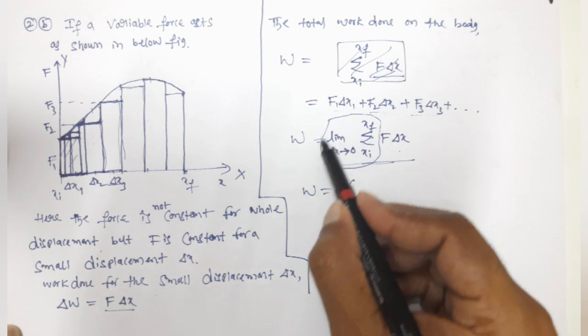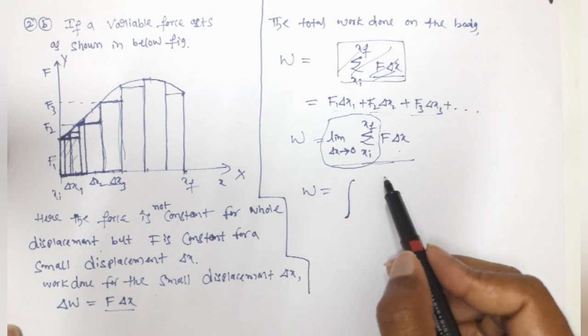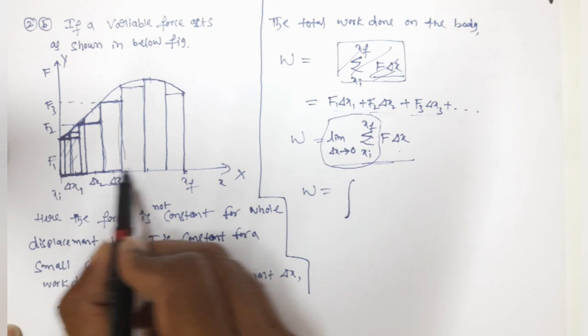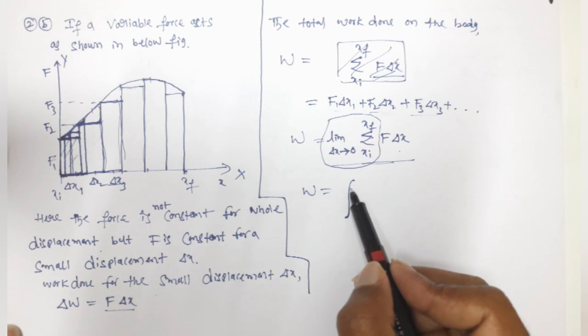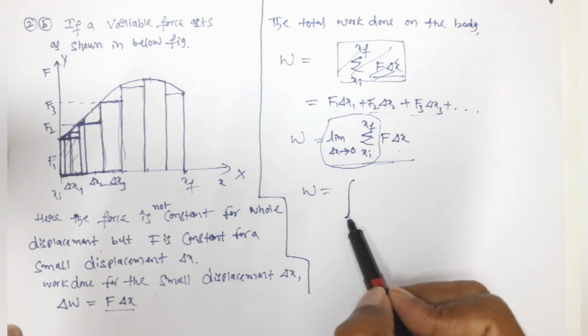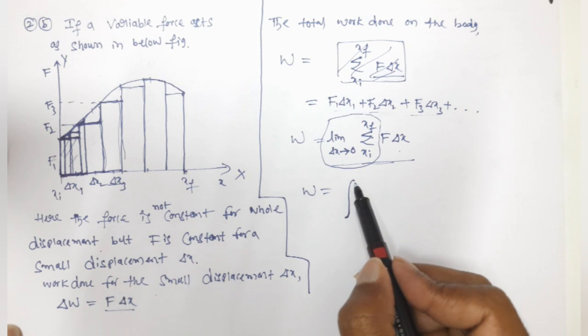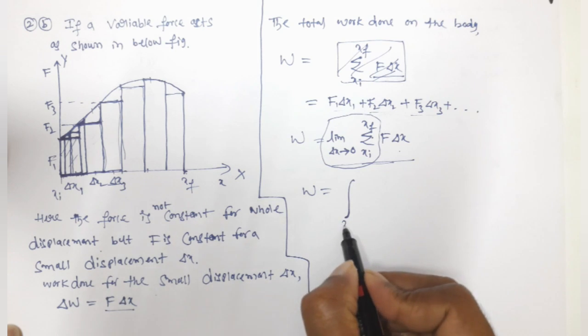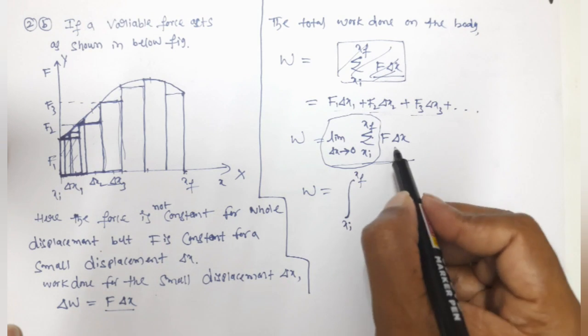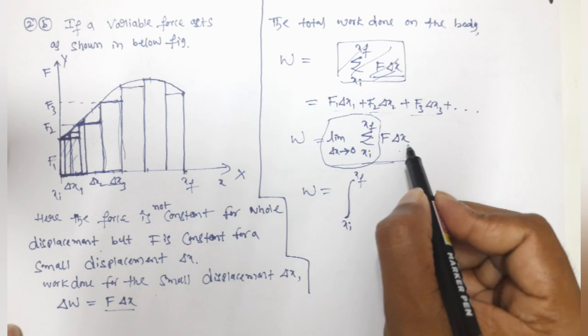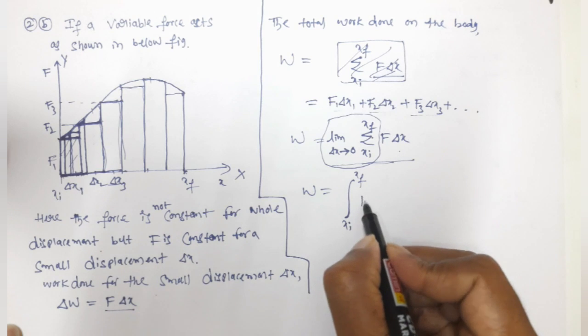Summing. What are we doing in this whole procedure? We are summing the area of small strips and we get the whole area, isn't it? So this integral symbol actually came from the symbol S. This is called the lower limit and this is called the upper limit. And when delta x tends to 0, delta x becomes dx. So we write it as dx.